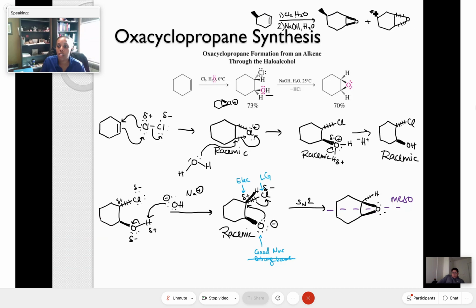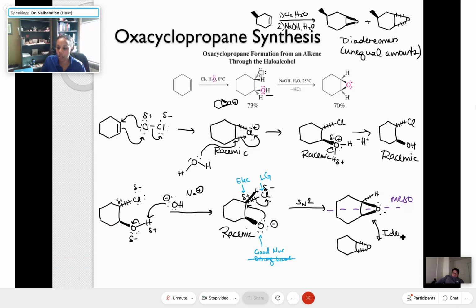And what's the relationship between these two? These two are diastereomers. So they are formed in unequal amounts. If we drew the other thing here, dashed line, these two are identical, right?